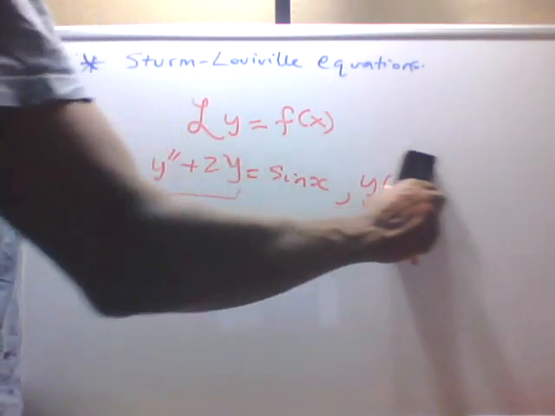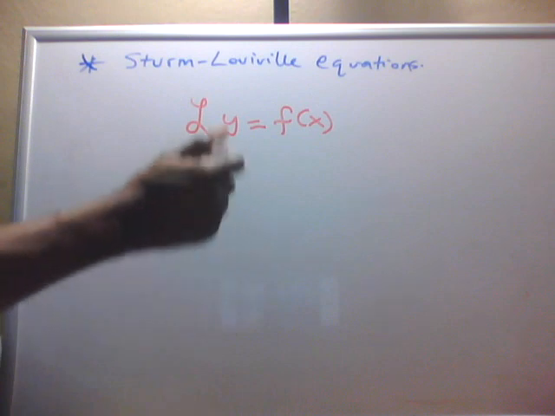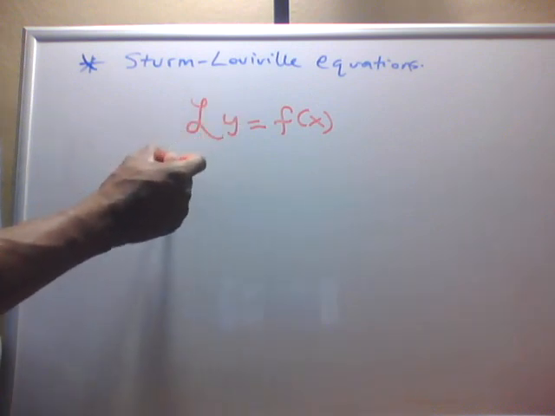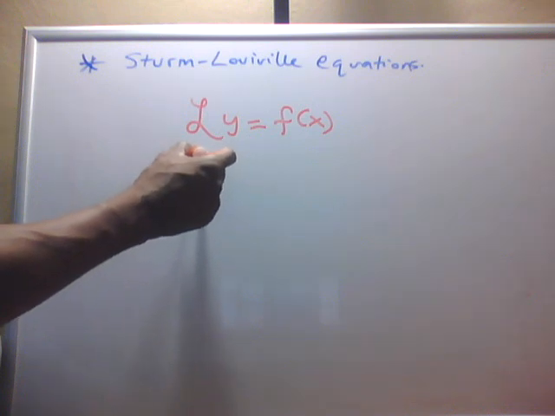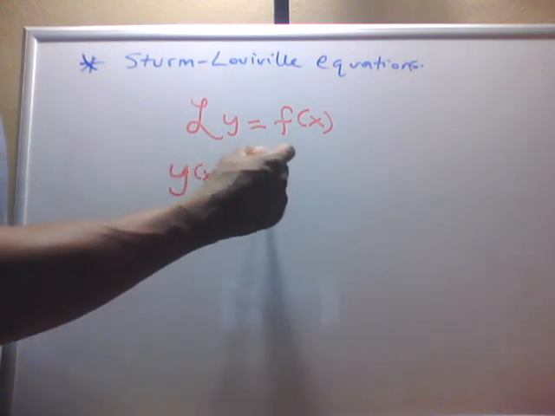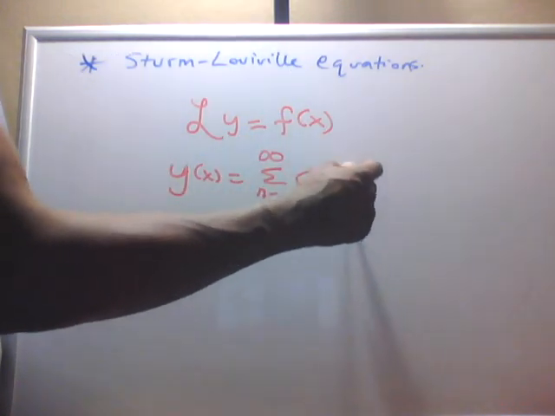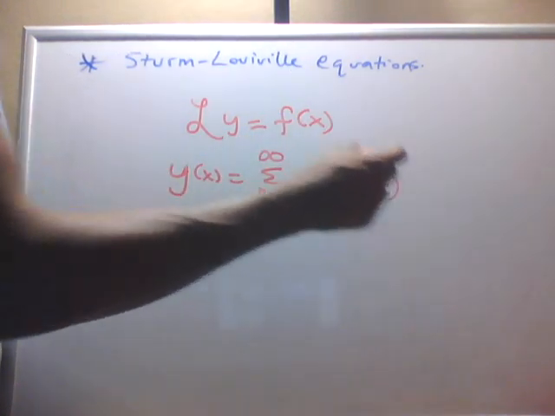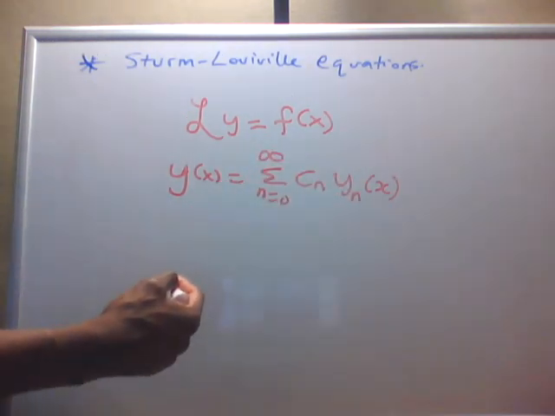What I want to show you is how we can use this idea that we've developed to solve the differential equation. Okay, so one thing that we now understand is the solution is of the form Cn, a linear combination of the eigenfunctions.